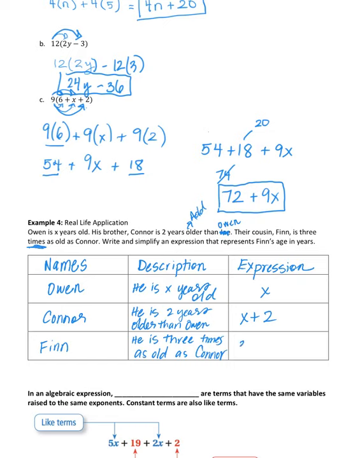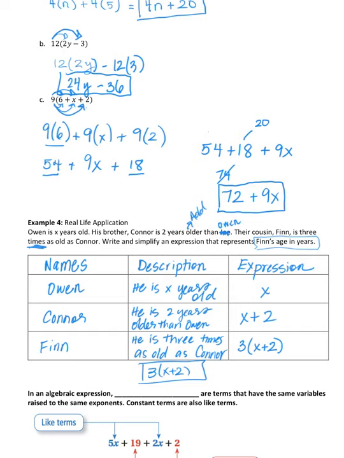Okay, so 3. And times what? Well, he's 3 times older than Connor, and Connor is x plus 2. All right, so there we have our expressions. And so by using Owen and Connor's expressions, we were able to come up with an expression for Finn's age in years, which is what we were looking for in example 4. That's 3 times x plus 2.